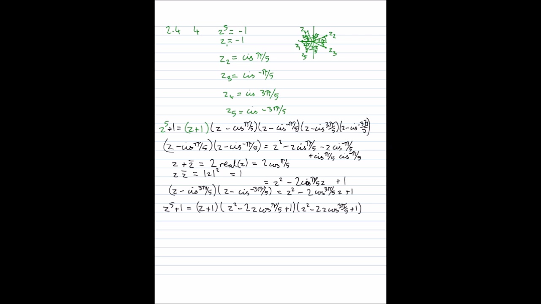So z bar times z equals the modulus squared, so mod z squared.